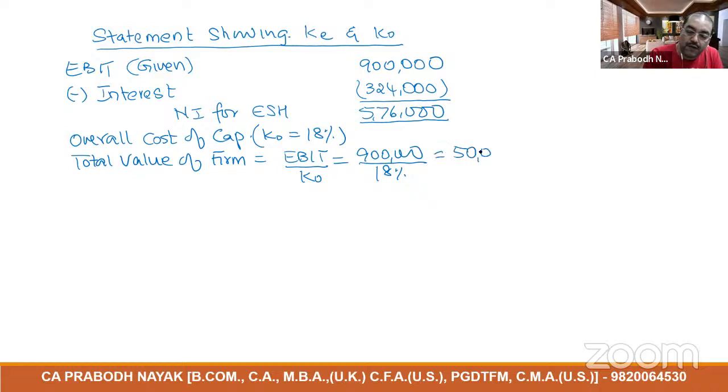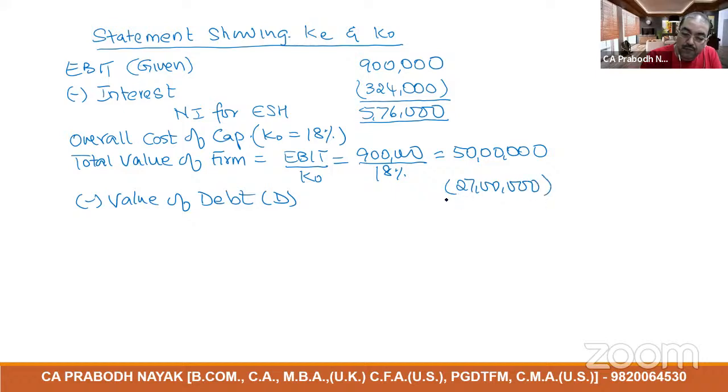That comes to 50 lakhs. Minus the value of debt, it's 27 lakhs. So value of equity, S is equal to V minus D, 23 lakhs.